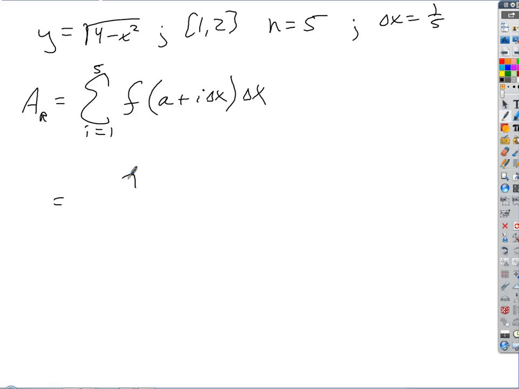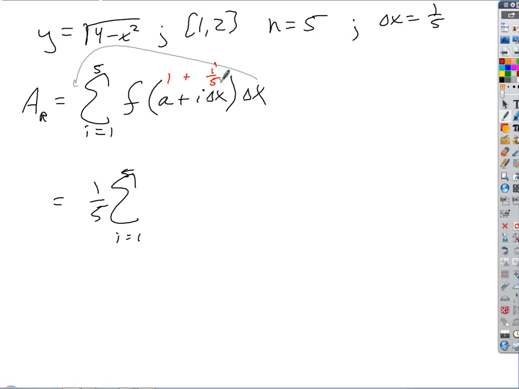We get the sum of, we could take the 1/5 out front, a common factor of 1/5 for each term, times f of 1 plus i times delta x, which is just i over 5. Everybody agree? Okay.